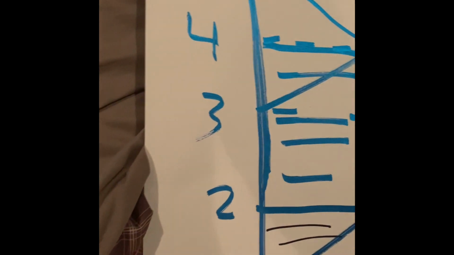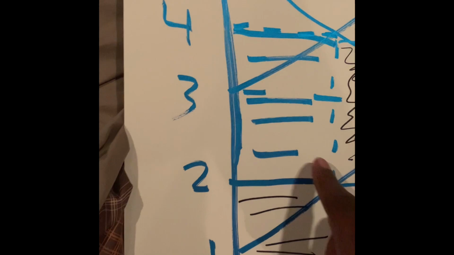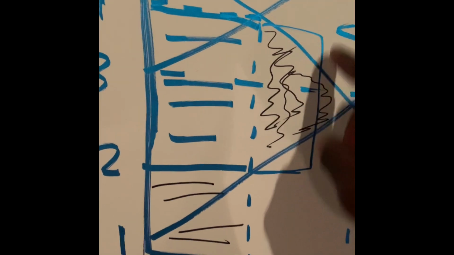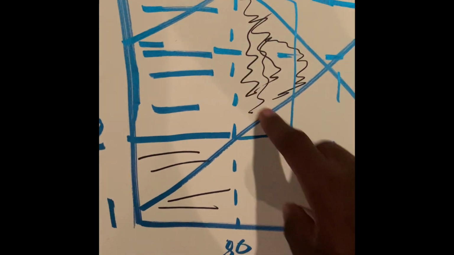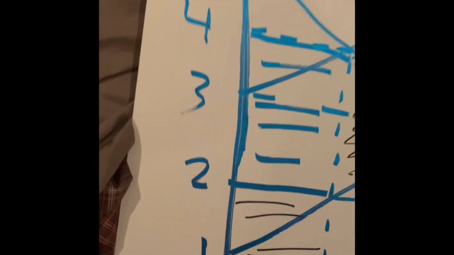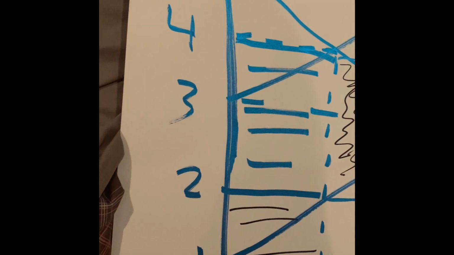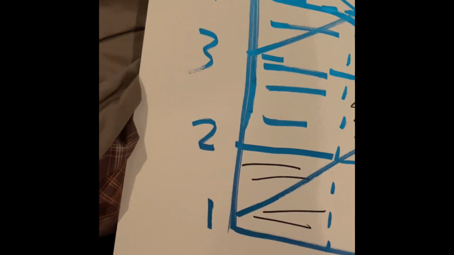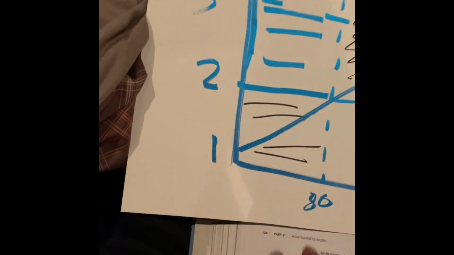It went from here to now here, which now creates deadweight loss right here. And then you can see the revenue that is going to the consumers and that's going to the producers.